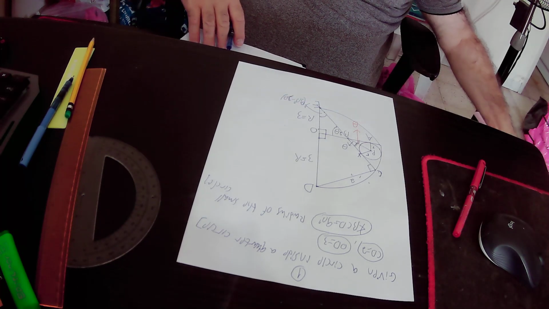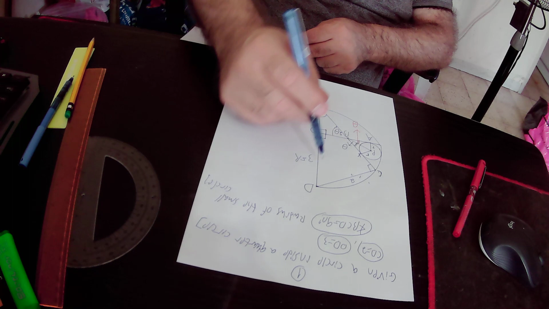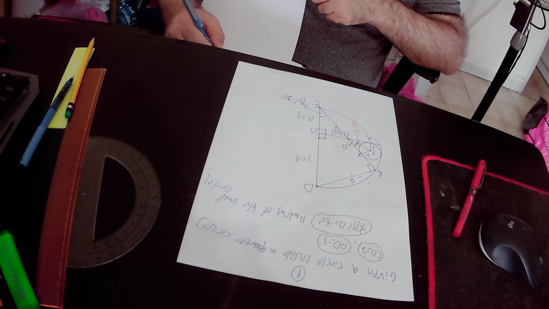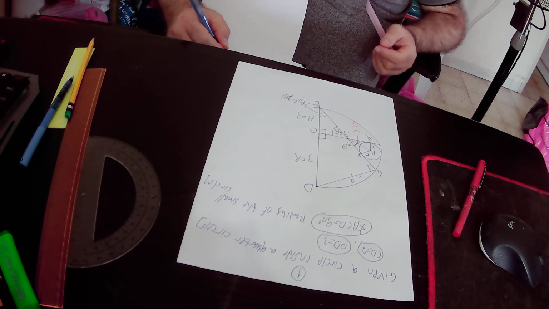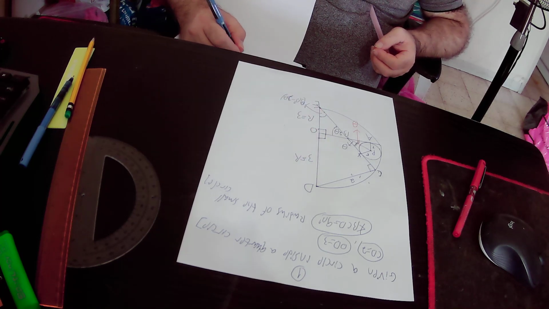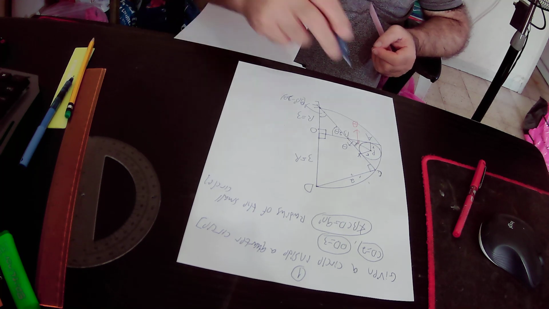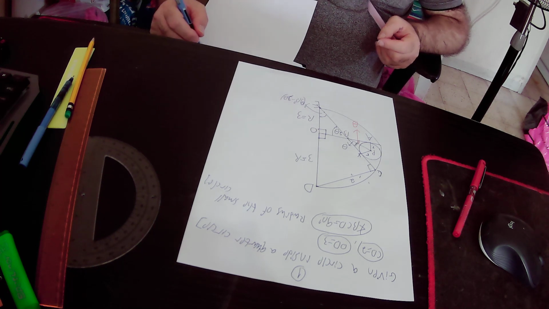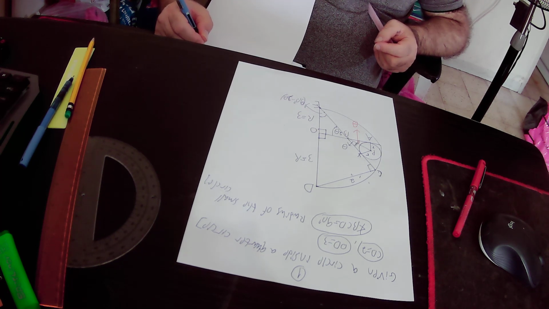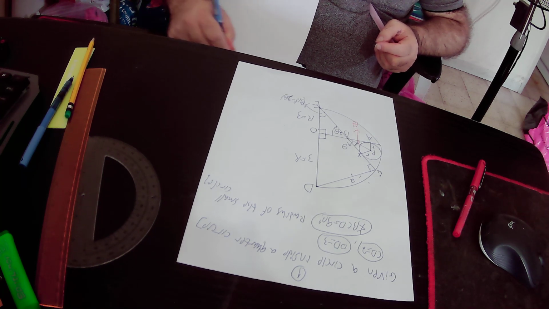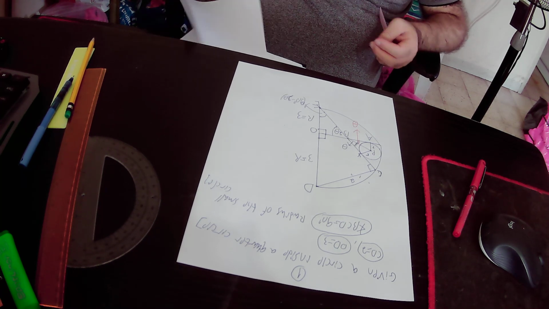In the next step, we will find out the size of angle CDE. We know that the sum of the angles in any triangle equals 180 degrees. So angle CED plus 90 degrees plus the size of this angle, that is 90 degrees minus 2 theta, must be equal to 180 degrees, according to the rule that the sum of the angles in any triangle is equal to 180 degrees.